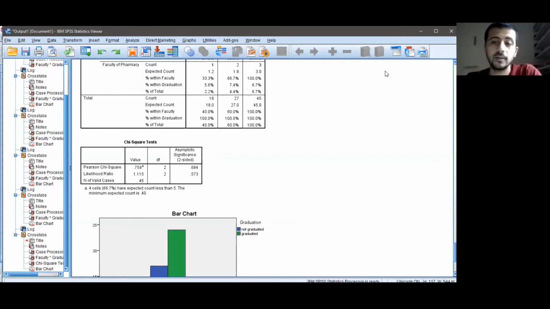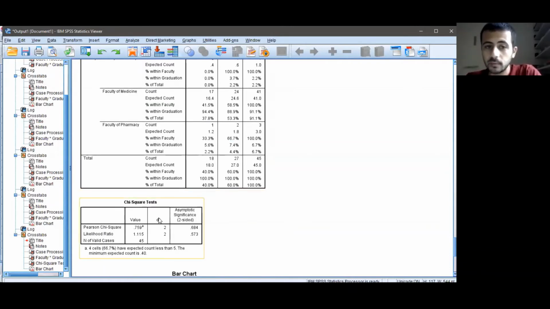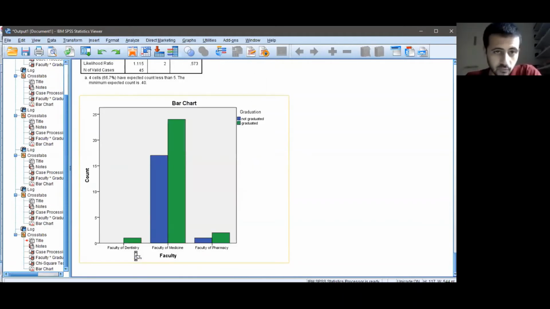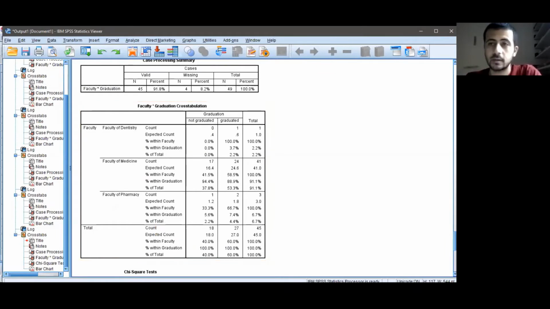Exactly. Not significant. The significant cutoff is 0.5. Okay, so the likelihood ratio, we will discuss the meaning of a chi-square test next session. But for now, we need to understand that for the crosstab, we will have a number for a chi-square. Okay, and what is the meaning of that? We will discuss that next session.